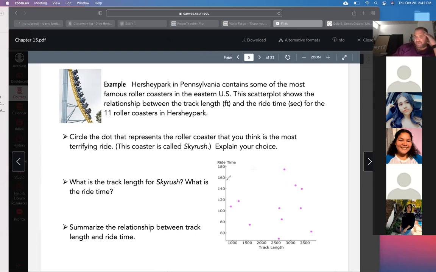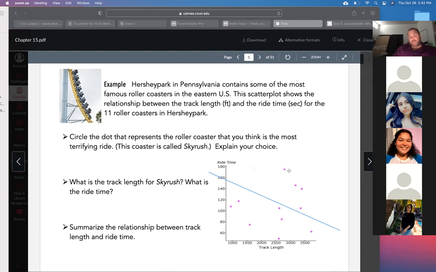I would still say maybe something like this summarizes the data. It's a very, very weak linear, but I do see a downward trend overall. But there's a couple guys here that really make it difficult.